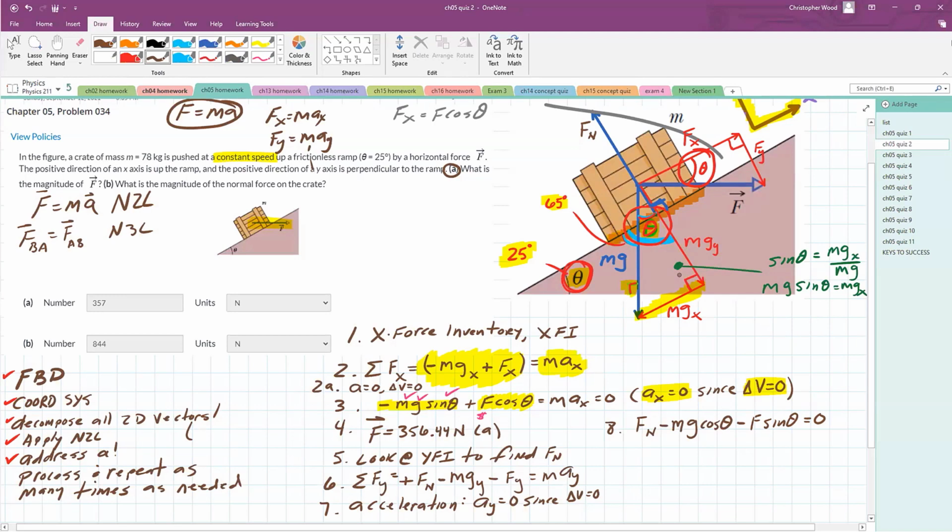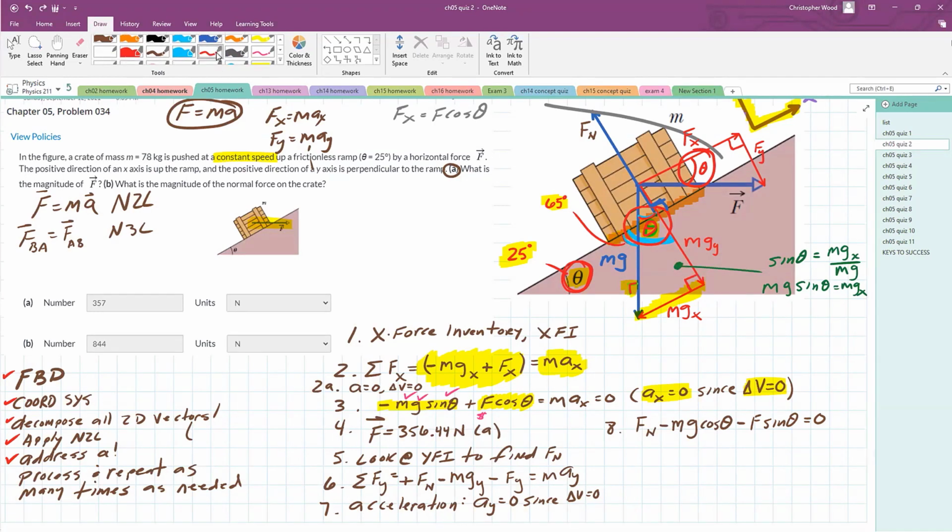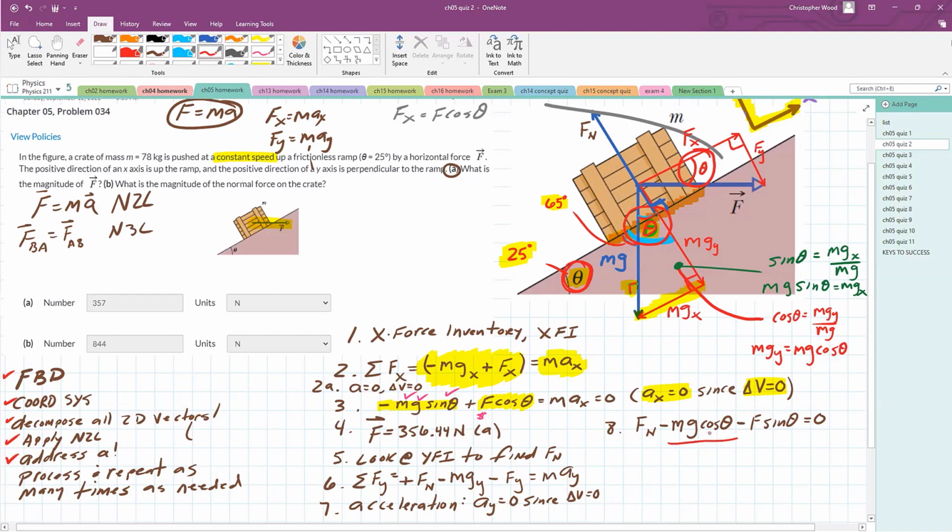I'm going to look at this triangle once again, and I can see if I say cosine of theta equals side adjacent, which is mgy, over the hypotenuse, which is mg, which is why I'm writing mg subscript y equals mg cosine theta. So that's where this comes from. And it's negative because it's pointing downward.